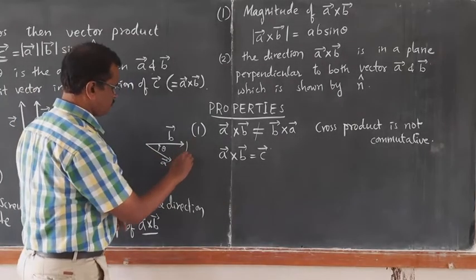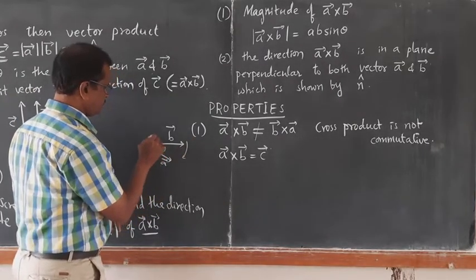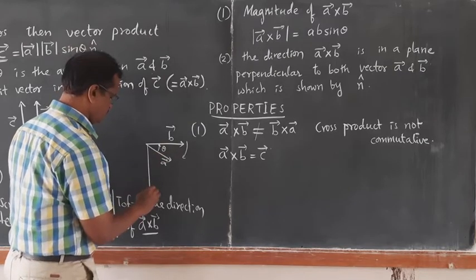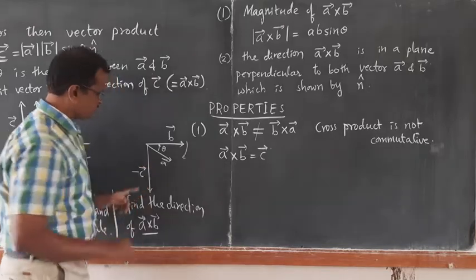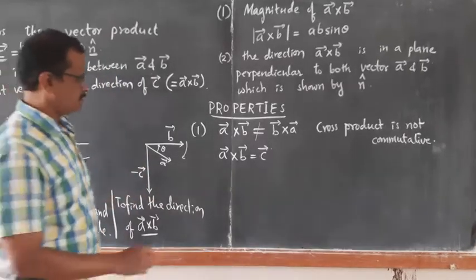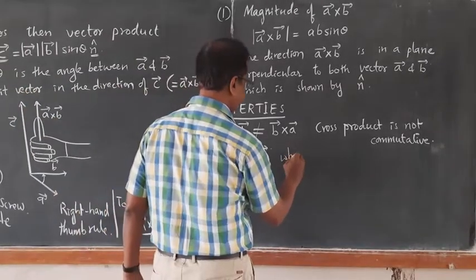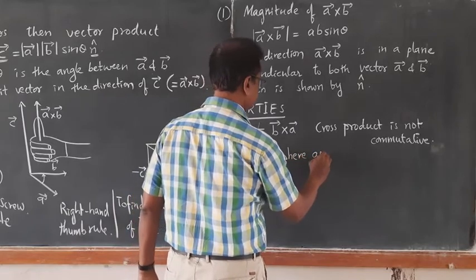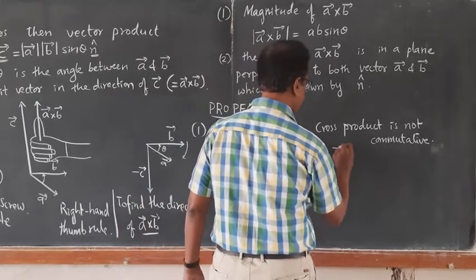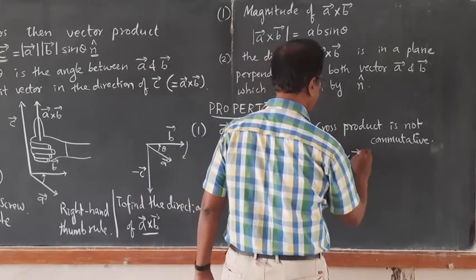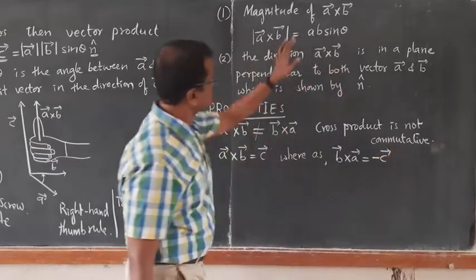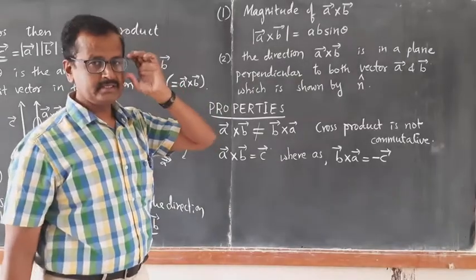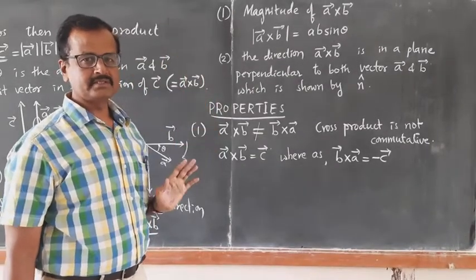So if you turn B towards A, then this is going to be the vector minus C. B cross A gives us minus vector C. Magnitudes are same, but only direction is exactly in the opposite direction.